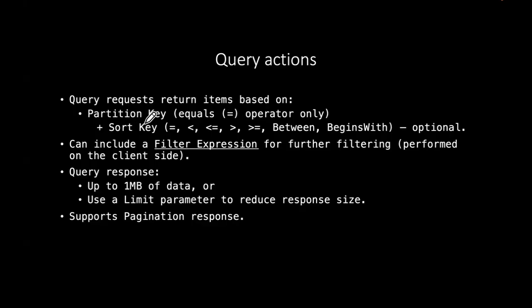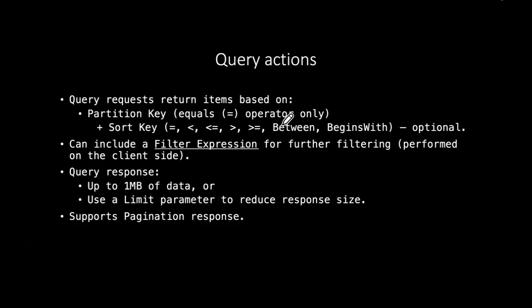The sort key part, you have all of these operators available to you if they make sense. Clearly, these ones would only make sense if the sort key is a numeric value, and if that numeric value is not something that's randomly generated. So you have all of these operators available to you.